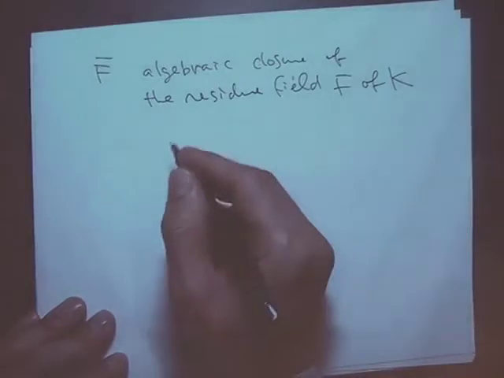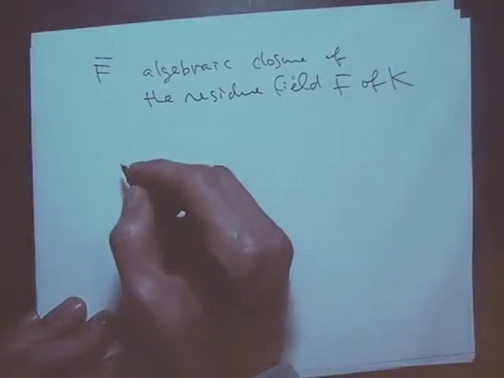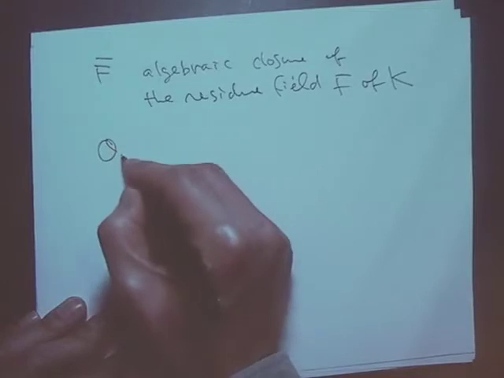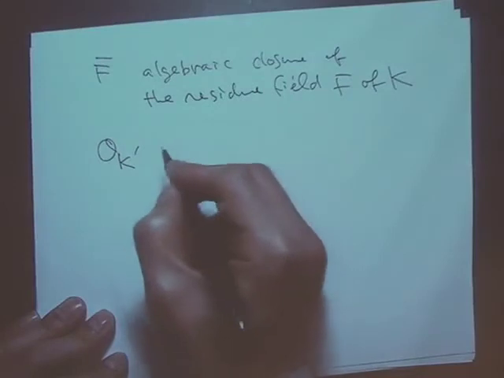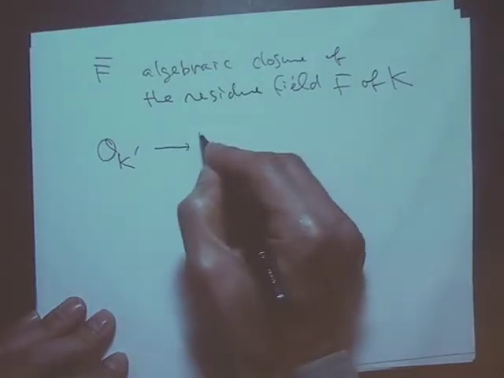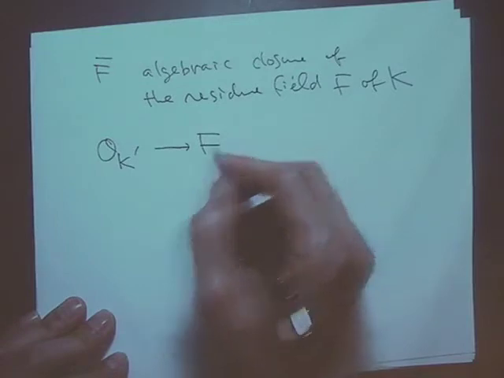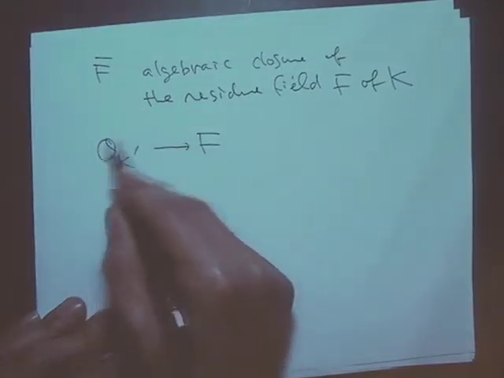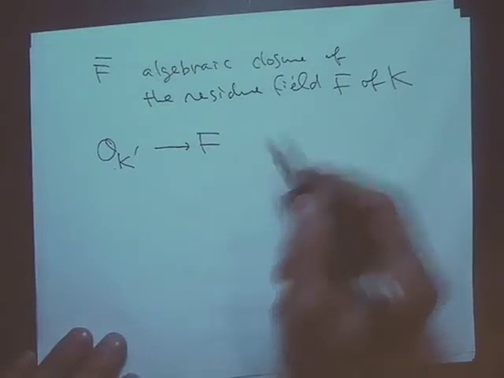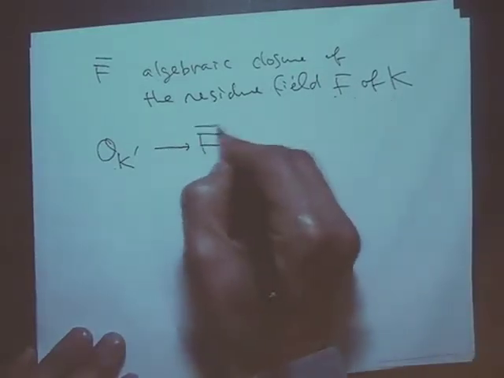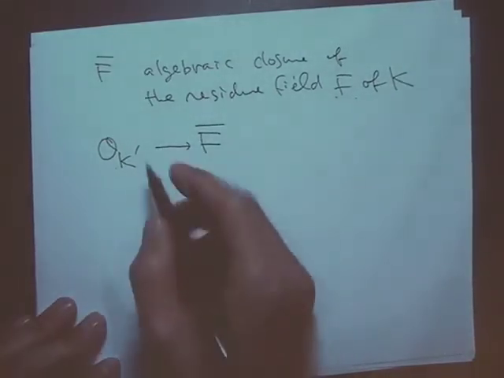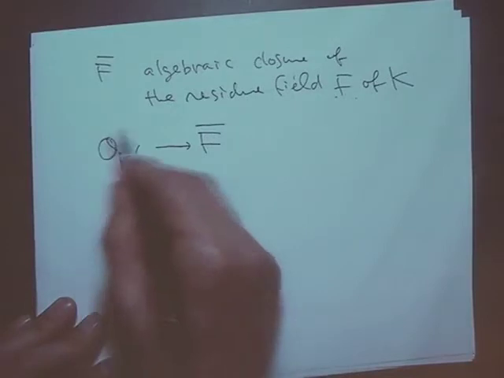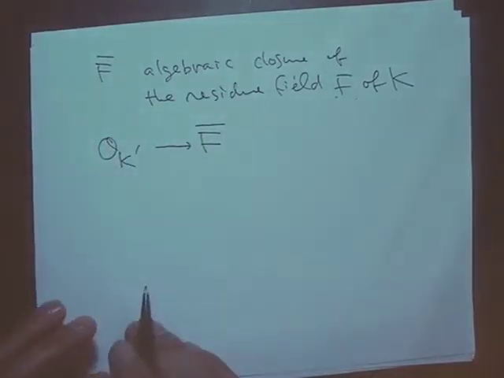Okay, so we are working with this finite extension, and the residue field of this is a finite extension of this F. So we have a natural map, and F bar is also the algebraic closure of the residue field of this DVR.